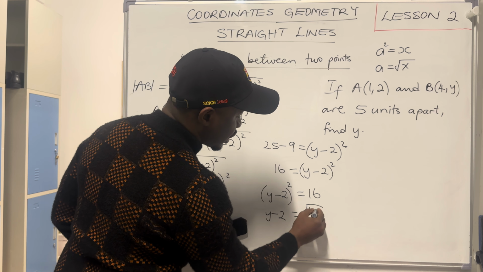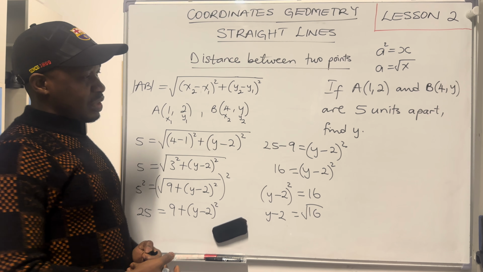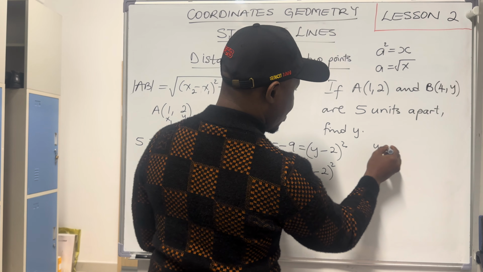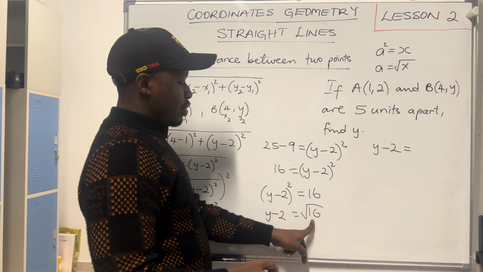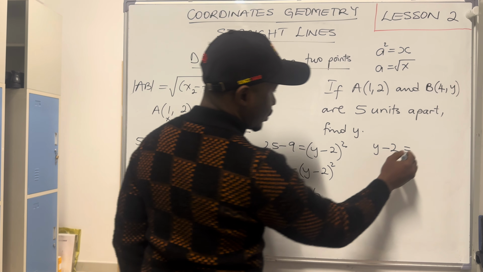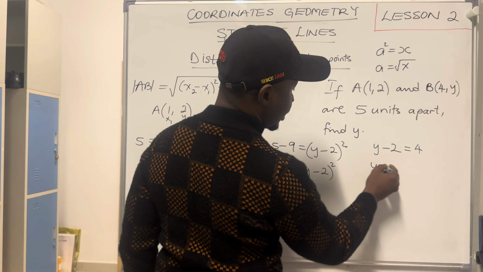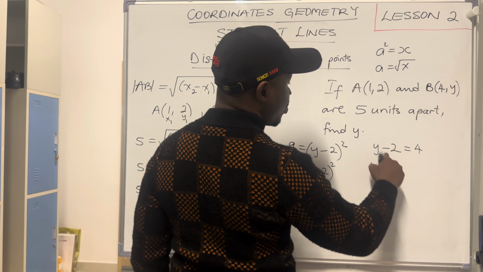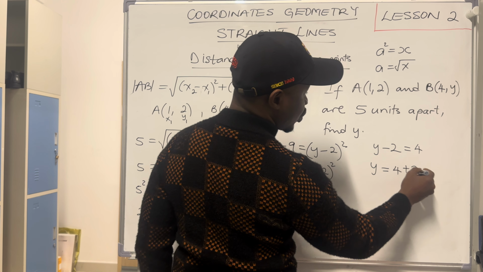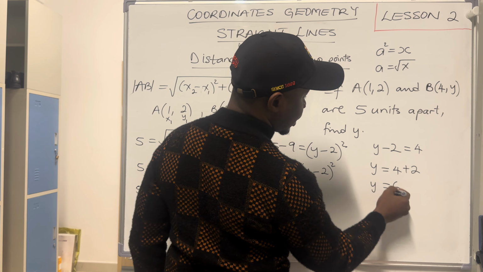Square root of 16. So we say y minus 2 equals, what is the square root of 16? It is 4. So y is equal to 4. We move this to the other side to become plus 2. So our y is 6.